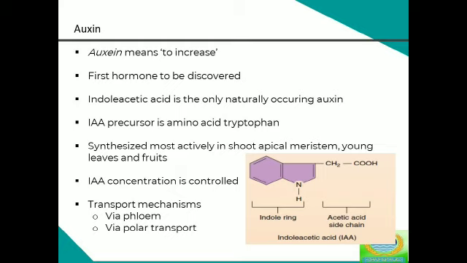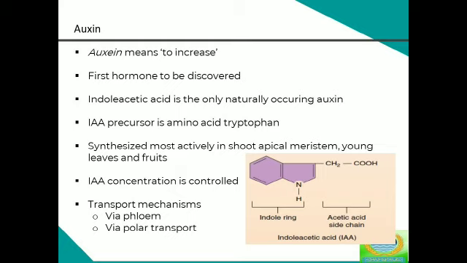Auxin is transported within the plant by two mechanisms: by phloem and by polar transport. This is the only hormone that is transported by polar transport. In shoots and leaves, auxin moves basipetally, that is, from the apex to the base of the plant.